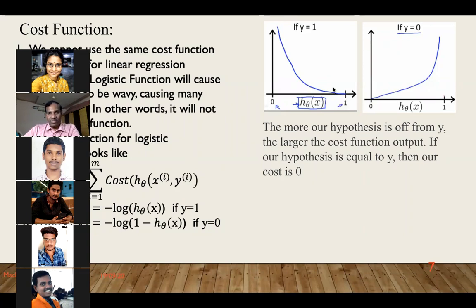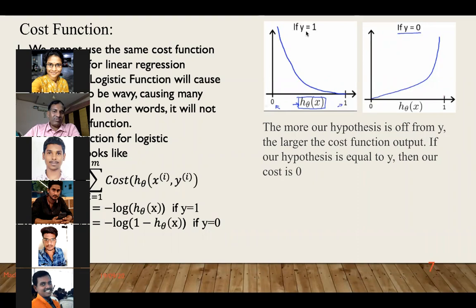So if your class y equal to 1, your cost is saying, if your h theta x is towards 1, you are getting less cost. You see that this y axis has the cost value. So cost value is more in the first graph.